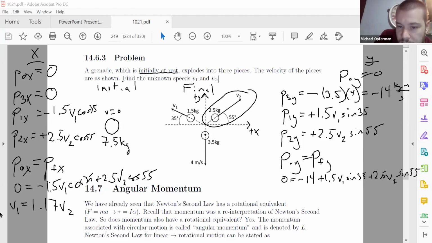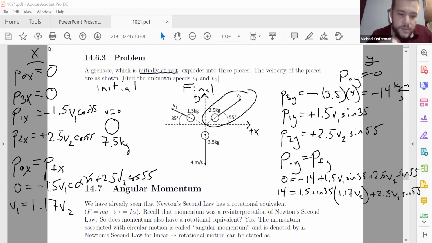And let's move the 14 to the other side of the equation to save a little bit of space. So we'll get 14 equals 1.5 sine of 35 times, now substitute in your result from the other equation, 1.17 v2, and then plus 2.5 v2 sine of 55.